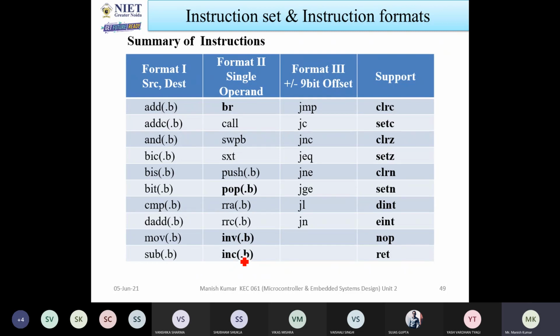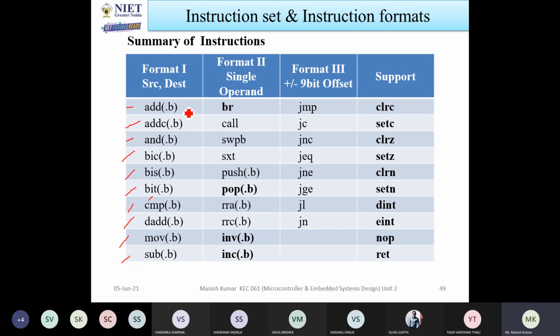Whatever sections I have discussed, I have categorized into format 1, format 2, format 3 and support. You can see ADD, ADDC, and BIC, BIS, BIT, CMP, DADD, MOV. So these all come from format 1.